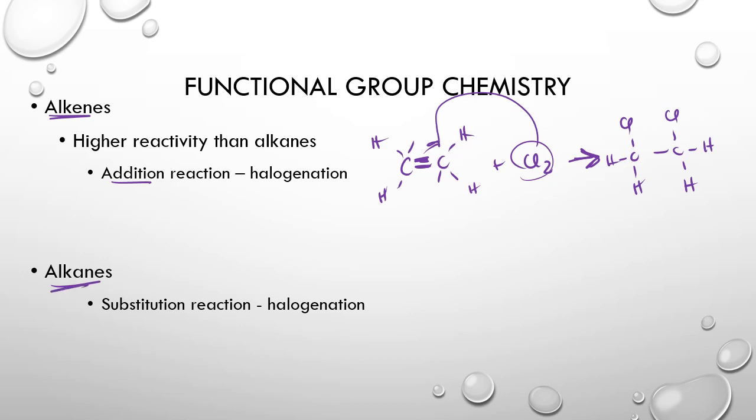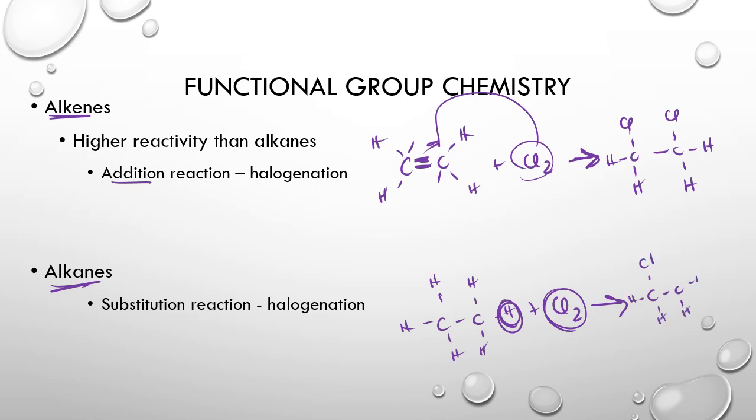Alkanes, we cannot add anything to the alkanes because they're already saturated. So let's say that I had ethane, the alkane, and I added some chlorine to it. This is going to be a substitution reaction where I'm going to trade one of the hydrogens for one of those chlorines, and then we could make chloroethane, and we would have HCl as the other product.